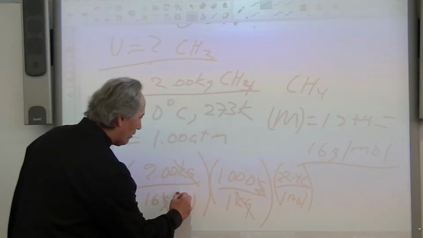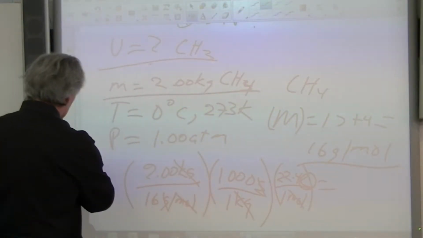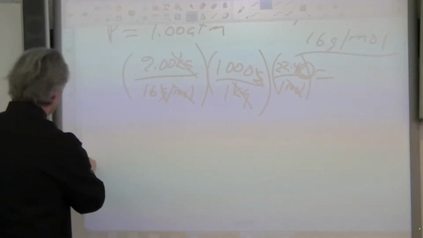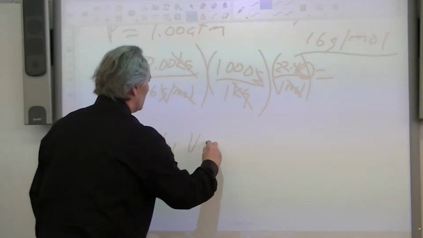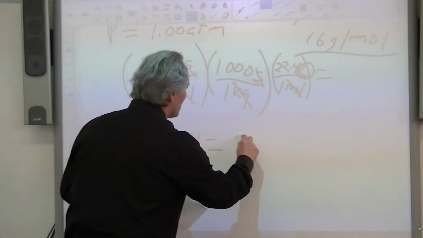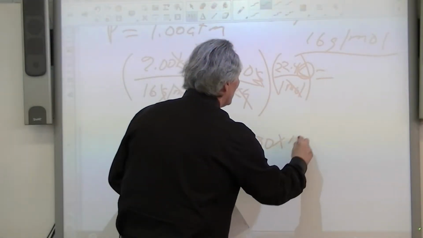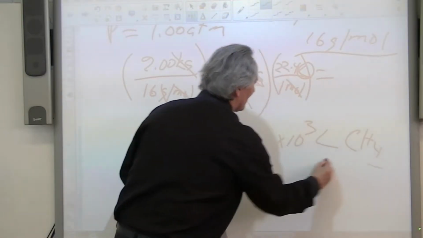Hence our mole will in fact cancel out, we're left with liters, and hence our volume for this particular problem of methane, V, would therefore equal, after we do a calculation on this, we should get a volume of 2.80 times 10 to the power 3 liters of methane, and we've solved that.